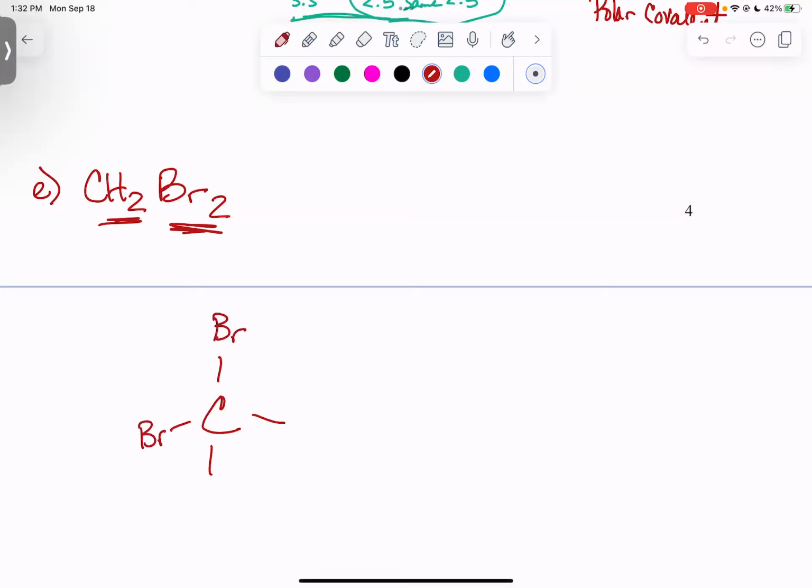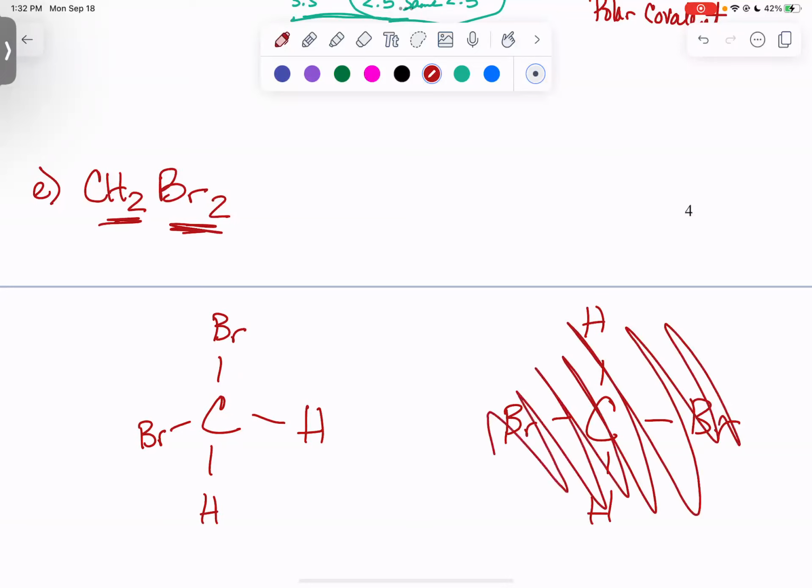So the bromines have to be next door to each other, and the hydrogens have to be next door to each other. You cannot do this. You cannot do BrH, BrH, because this doesn't actually exist. And I'll show you in 3 dimensions in class.